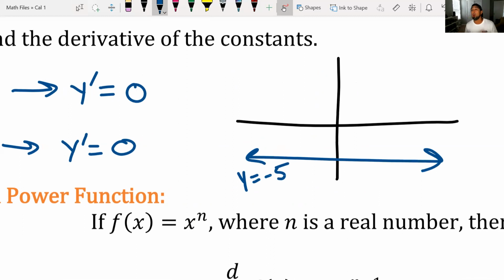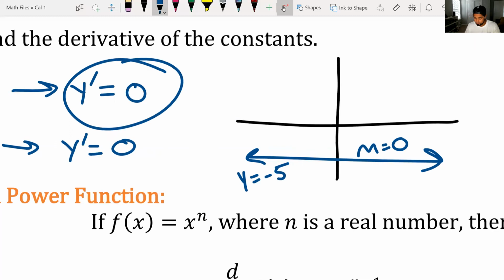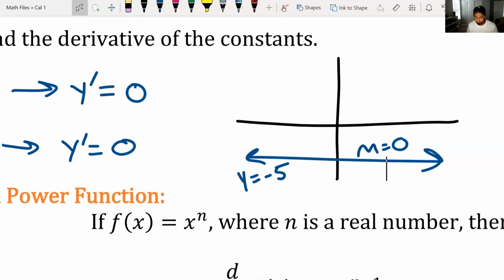Well, what is the slope for any horizontal line? You guessed it, you took the derivative and found it. The derivative of any horizontal line is always 0. So the slope of a horizontal line is 0, which makes sense that the derivative of a constant is also 0. Easy connections.